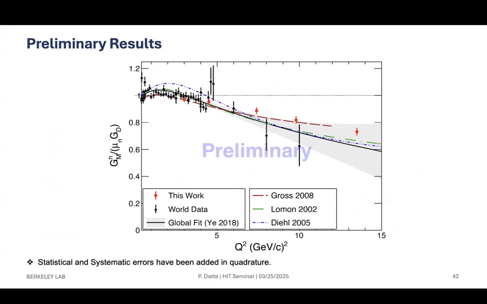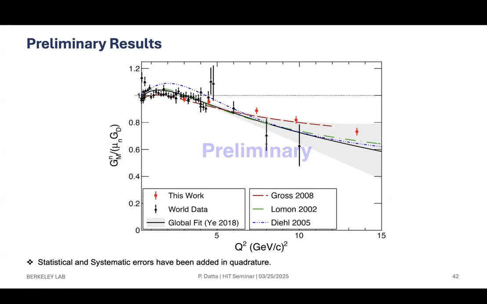It shows a slightly slower falloff of GMN, but it's within the error band. But the error band is really huge in this high Q² range because we essentially don't have any good data, it's just from the SLAC data. Huge error bar. I like huge error bars.